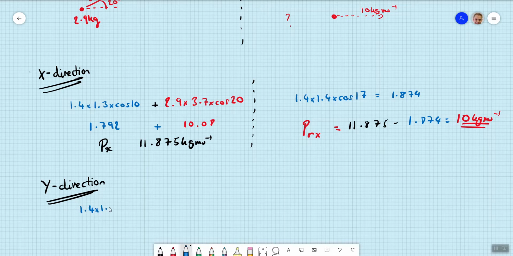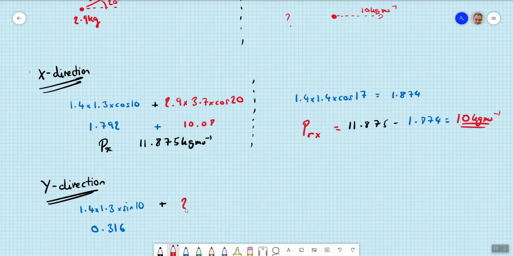So we end up with 1.4 times 1.3 times sine of 10, and that gives us 0.316. Then we've got to add that in the y direction.